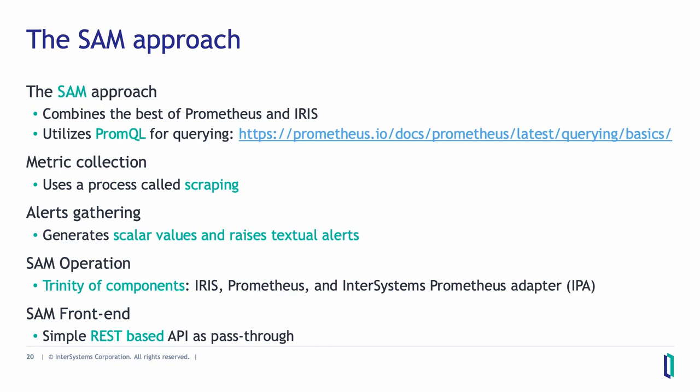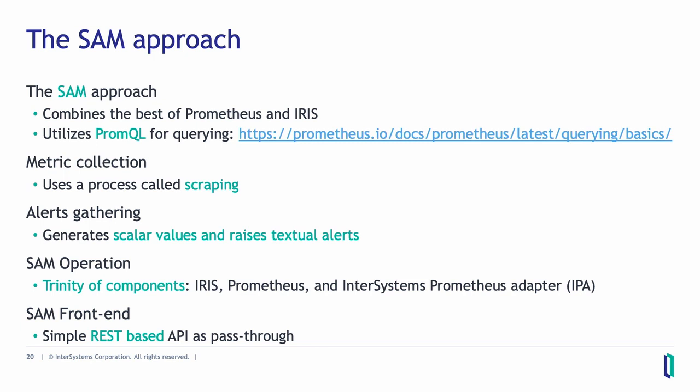This certainly offers a frictionless integration of a state-of-the-art front end such as Grafana with SAM, while at the same time adding value by securing those APIs, which previously weren't secured, with CSP authentication mechanisms, something which Prometheus itself does not provide.